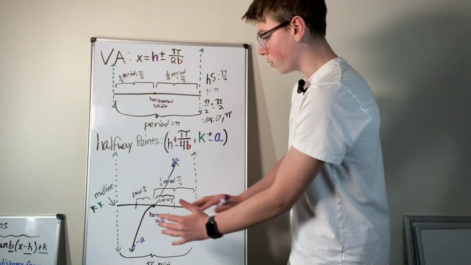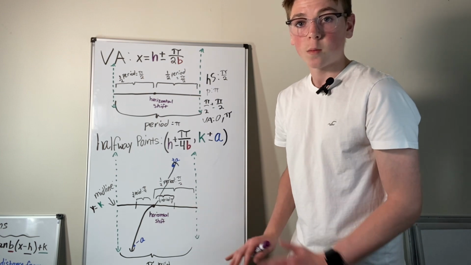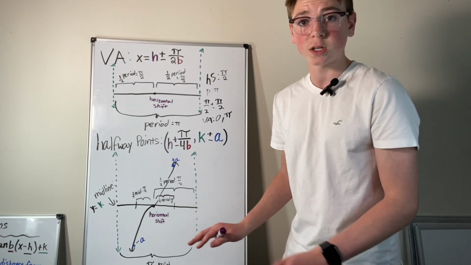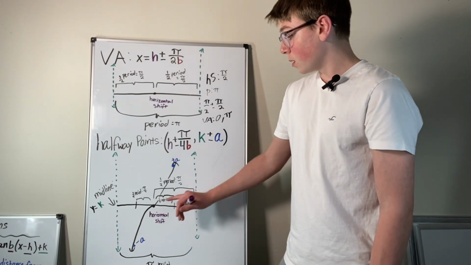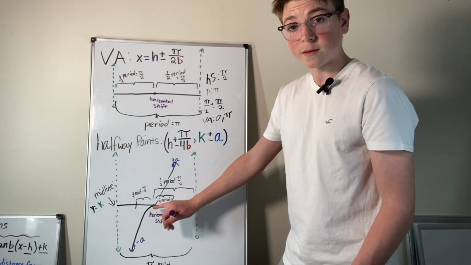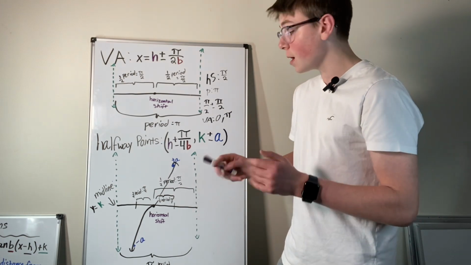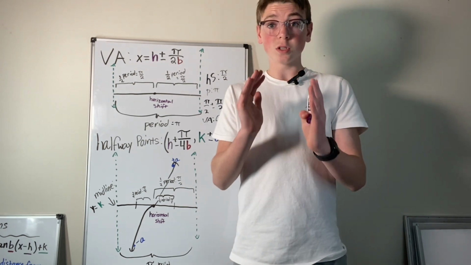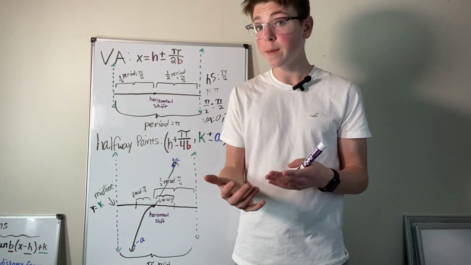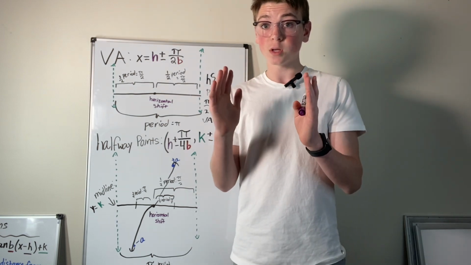I'll try to show you right now why it is pi over 4. So the full distance from one asymptote to another asymptote is pi. Again, we're just keeping the period as pi, not changing the period right now. Then from the middle, our horizontal shift, to the asymptote is 1/2 of our period, so that would be pi over 2. Then between those two points is the halfway point, between your horizontal shift and your asymptote.